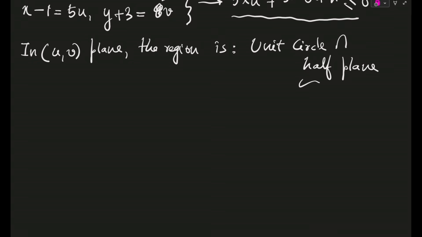And obviously this particular half plane is bounded by the line 5lu plus 3mv plus n is equal to 0, that we found, right? I hope things are clear till here, so let's proceed now.